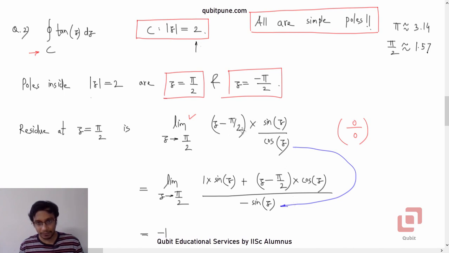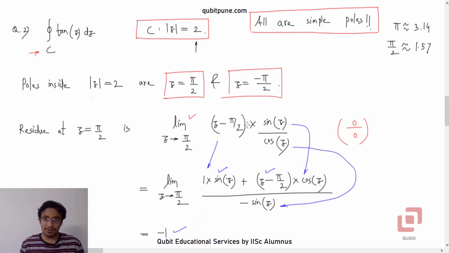Apply the product rule to find the derivative of the numerator. z minus pi by 2 has derivative 1, second function as it is, plus first function as it is into the derivative of the second function, that is the derivative of sine, which is cos. Substitute z equal to pi by 2 now, and because we have negative sine z, it won't be in the indeterminate form. At z equal to pi by 2, the second term will be 0, the first term will be 1, and 1 upon minus 1 is minus 1. So the residue at z equal to pi by 2 is minus 1.